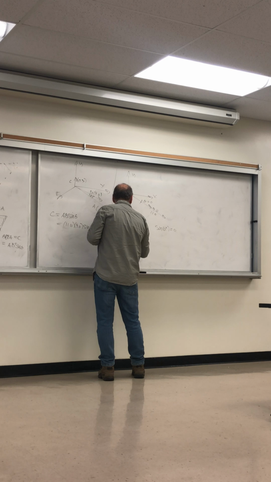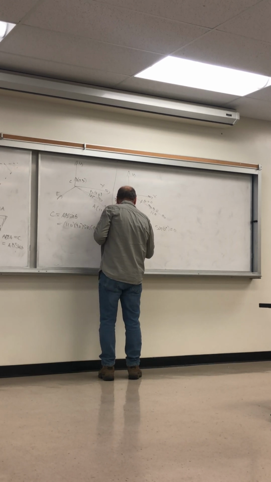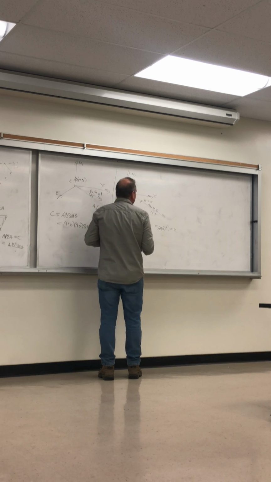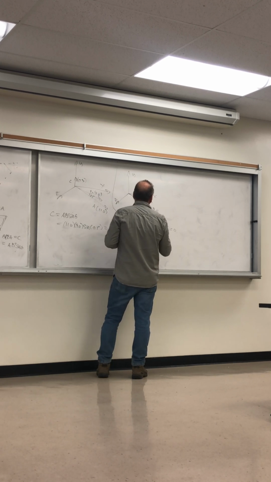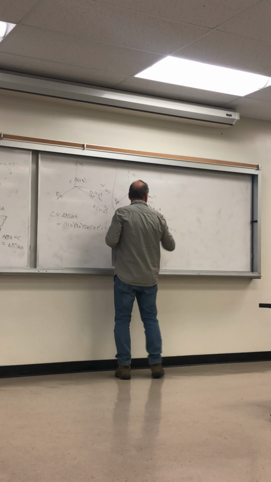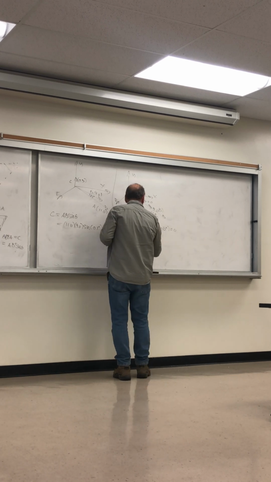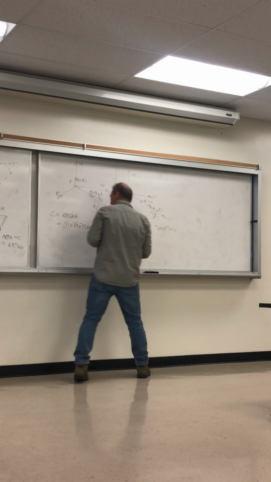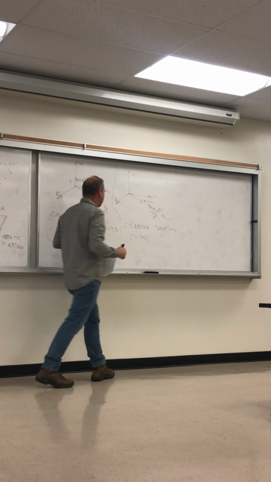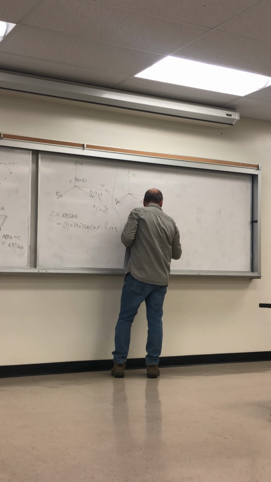So we have C, this is A and this is B, just like that. Or the other way around. 90 was B, 110 was A. So I have 110, times 90, multiplied by 0.